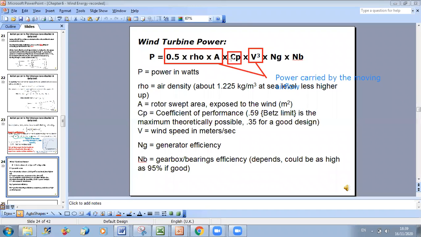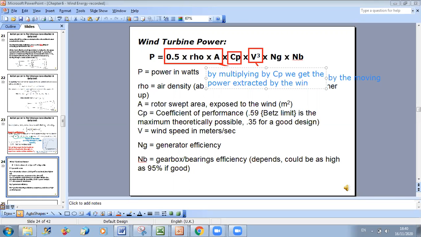So by multiplying by CP, we get the power extracted by the wind turbine.